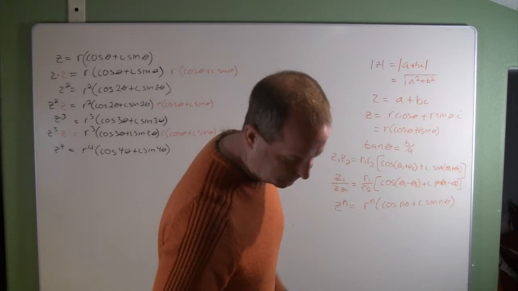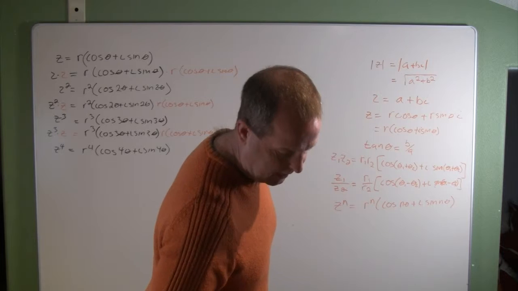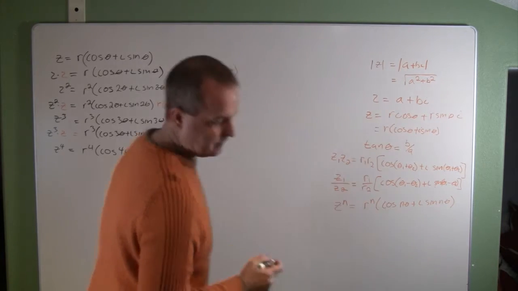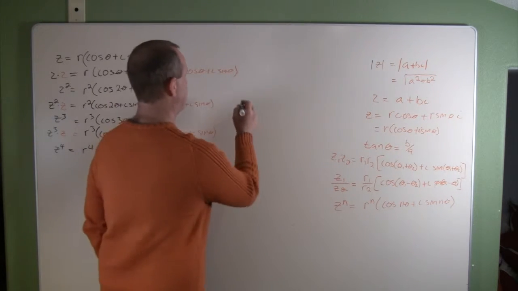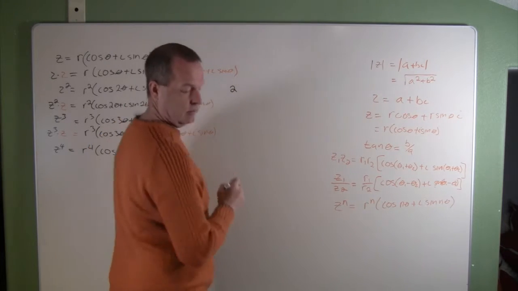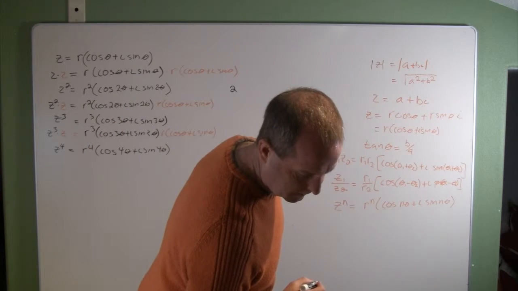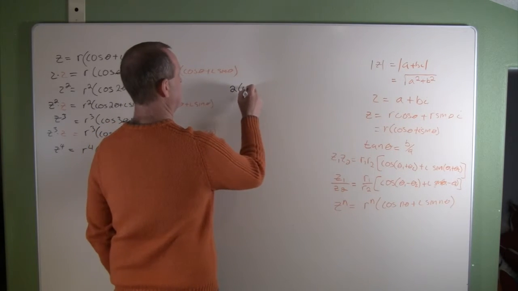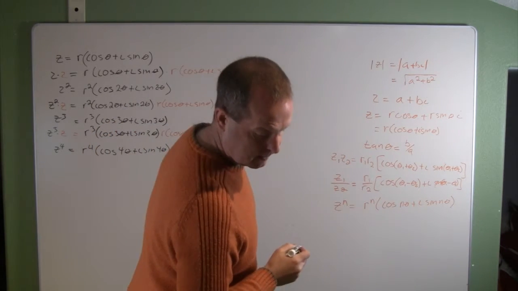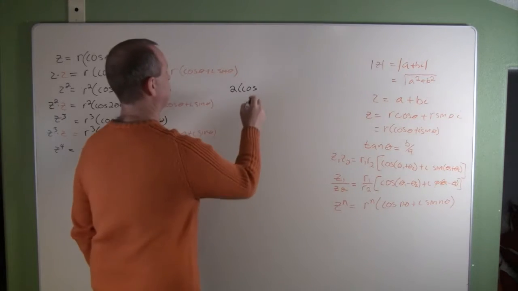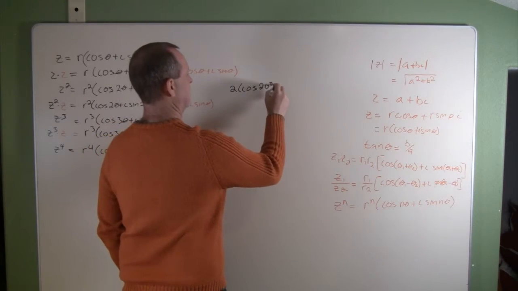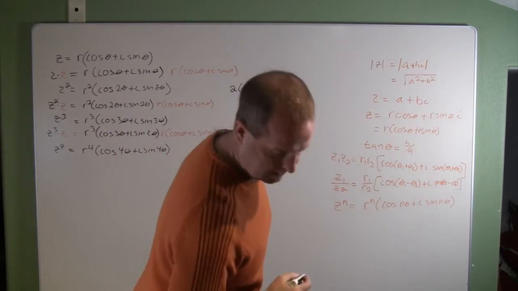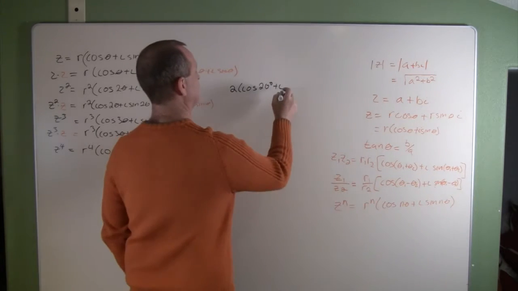So for example, the example that we're going to look at: 2 cosine 20 degrees plus i sine 20 degrees.